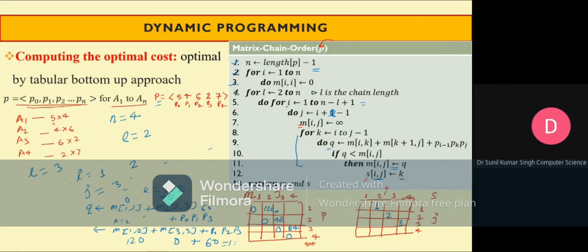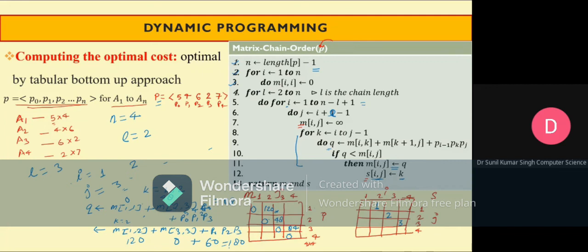This is going to give 180, and this one is going to give how much? P0, P1, P3. 5 into 4 into 2, it is 40. So here 48 plus 40, it is going to give 88.